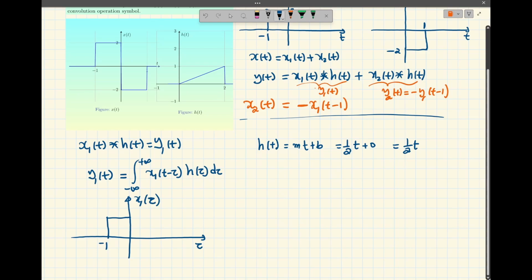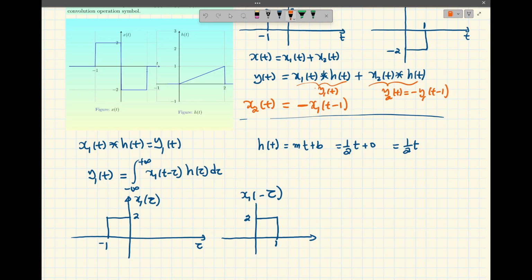Now x1 of negative tau is the time reversal of x1. So it's this. It's 2, 2, 1.